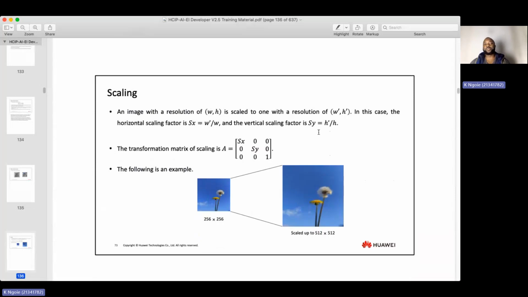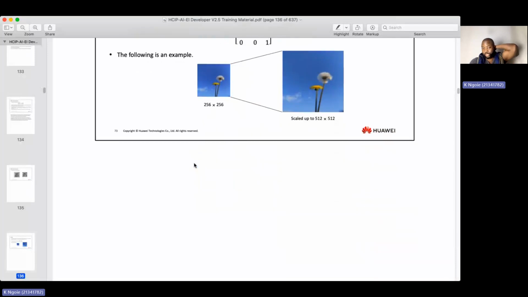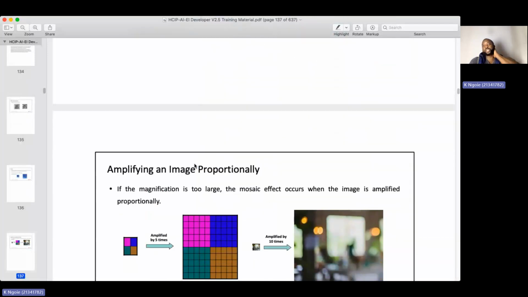So basically, we're going to have a transformation matrix for scaling, A. So the image here, for example 256 by 256, we end up with 512 by 512. So this was scaled twice. The X will be doubled, the Y will be doubled. So this is scaling of a picture, which is a transformation process as well.